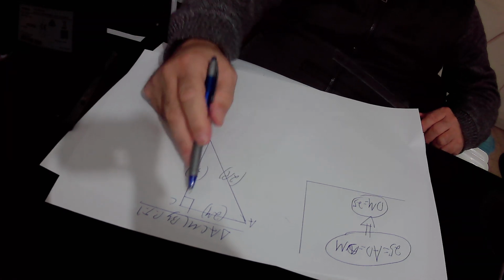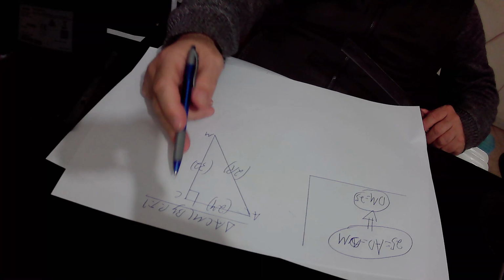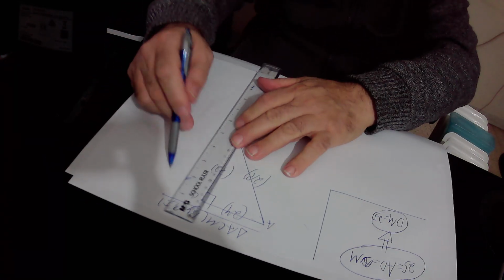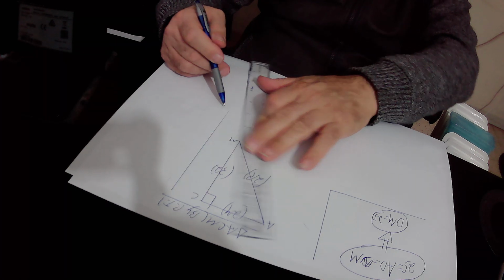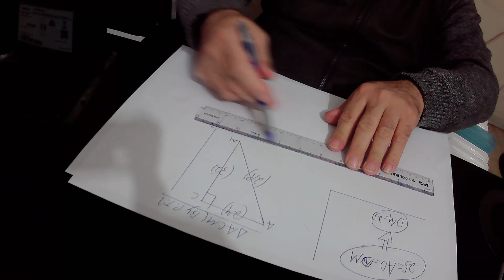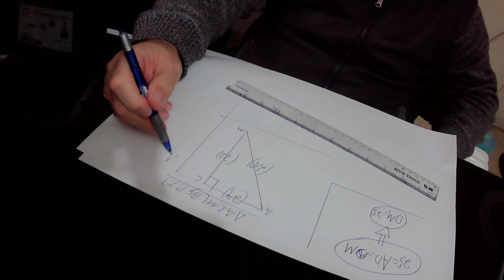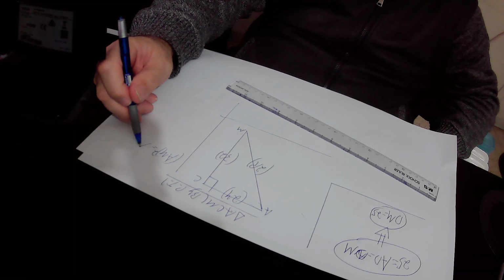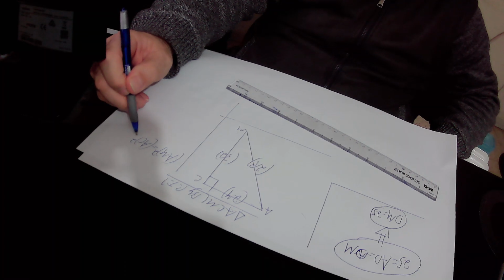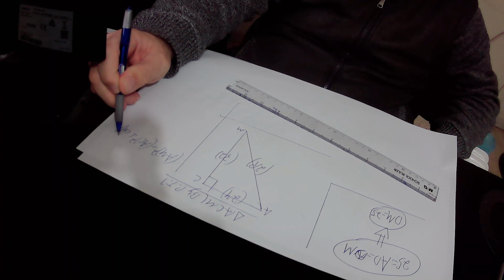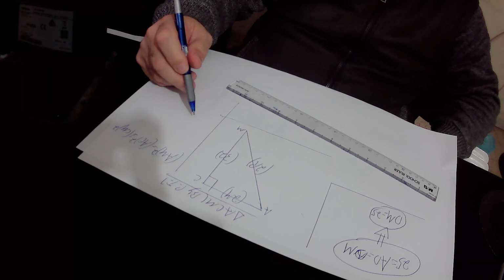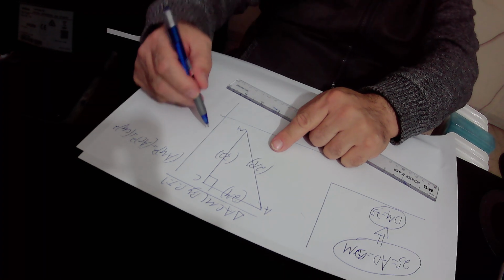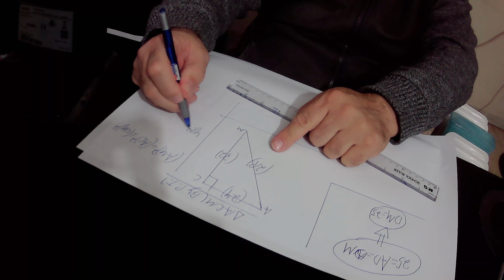Now, by the Pythagoras theorem in this right triangle ACM, we get that AM squared equals AC squared plus CM squared. AM is 2R, therefore AM squared is 2R squared, that is 4R squared.